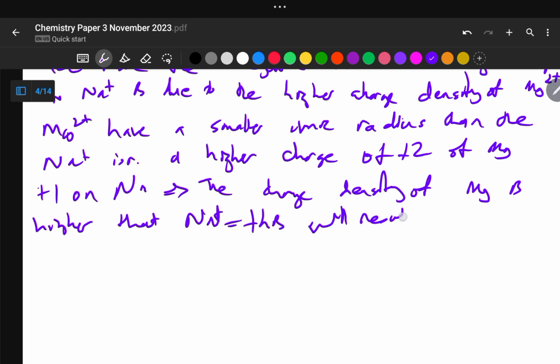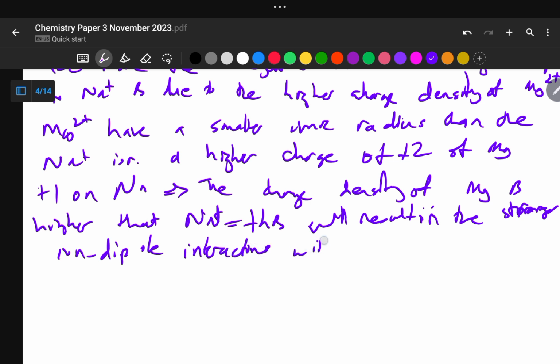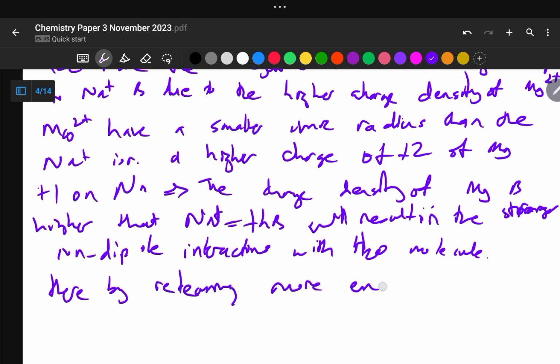So this will result in stronger ion dipole interactions with the water molecule, right? With the water molecule, thereby releasing more energy, right?